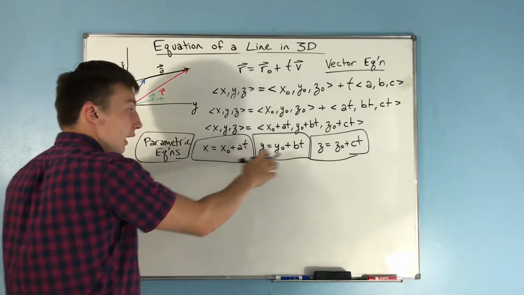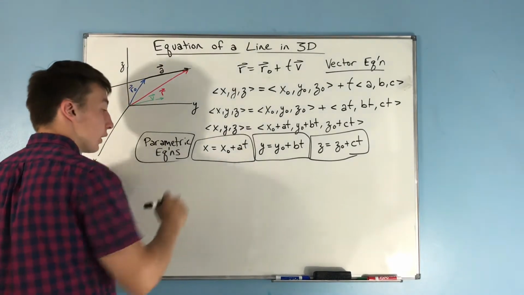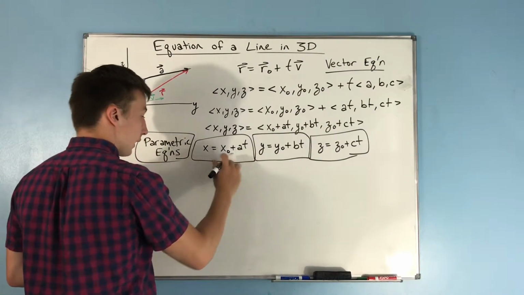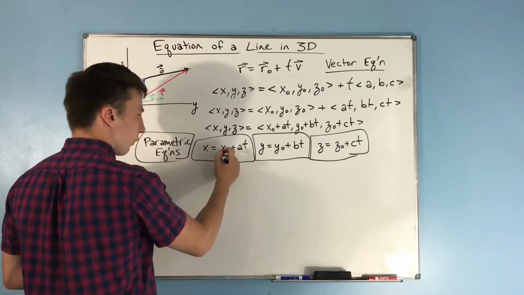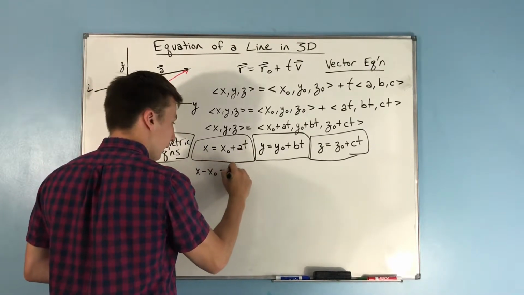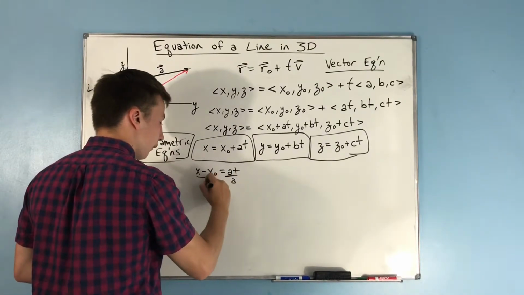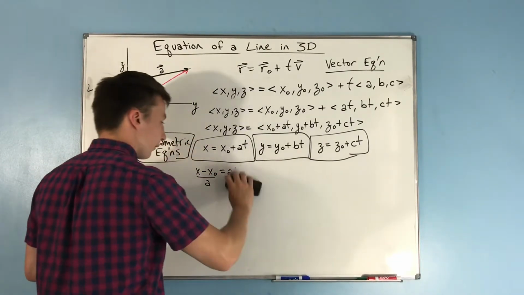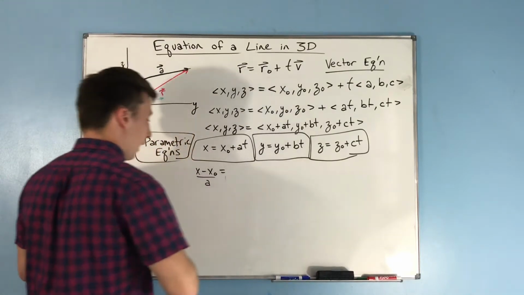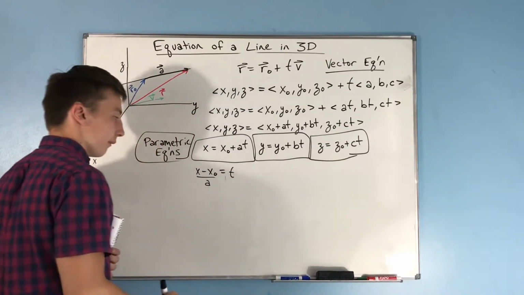There's a t in each one of these equations, so let's solve for t. Let's start out here. If we subtract x naught on both sides, we get x minus x naught equals at. Then let's just divide by a on both sides. So you can see that x minus x naught over a is going to equal t.